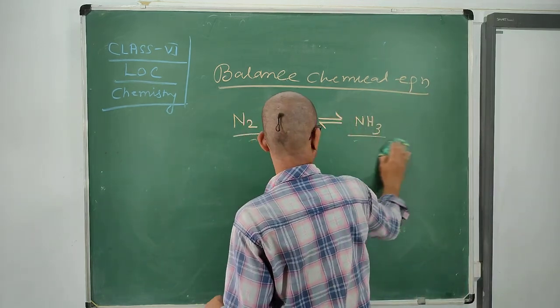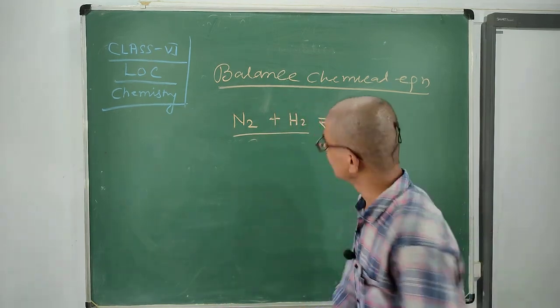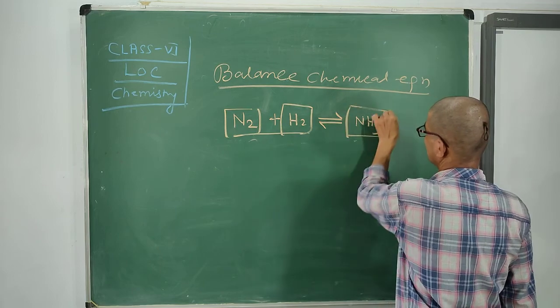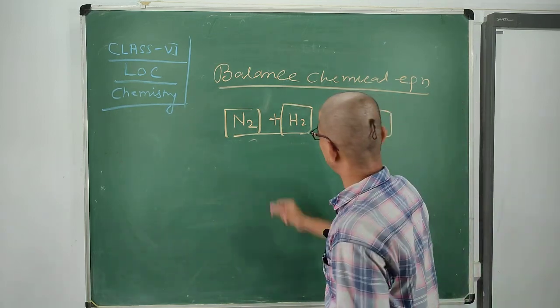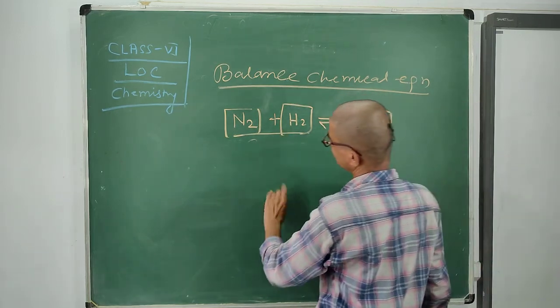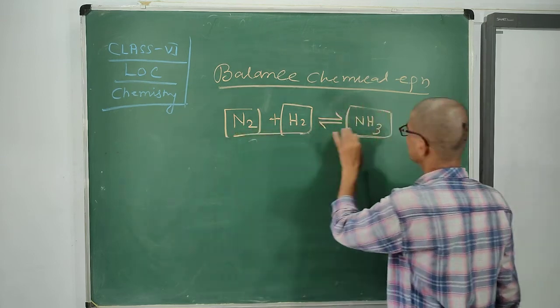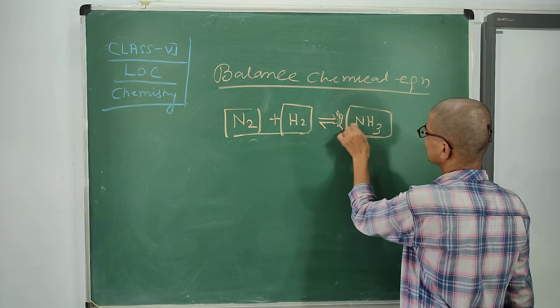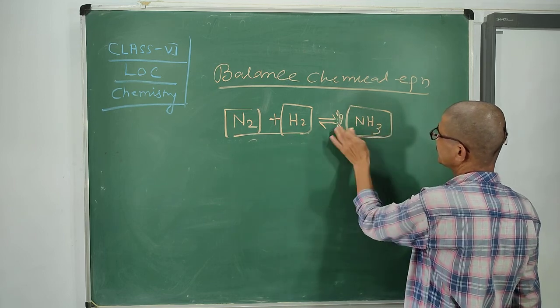So, at first we put each molecule in a box. Now, the number of nitrogen is 2, here 1. So you must write 2 here, 2 nitrogen. But hydrogen is 3, so 3 times 2 is 6.